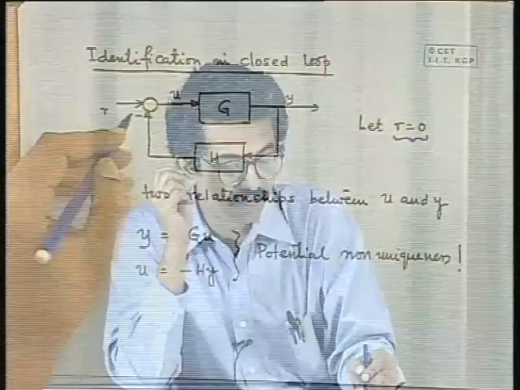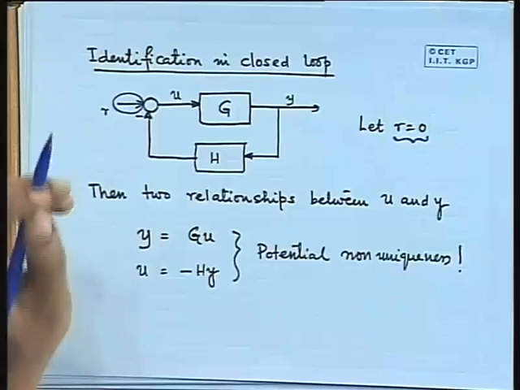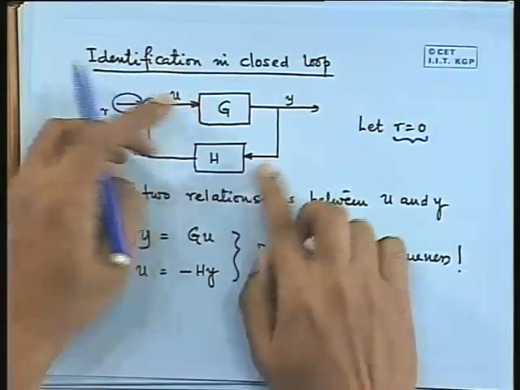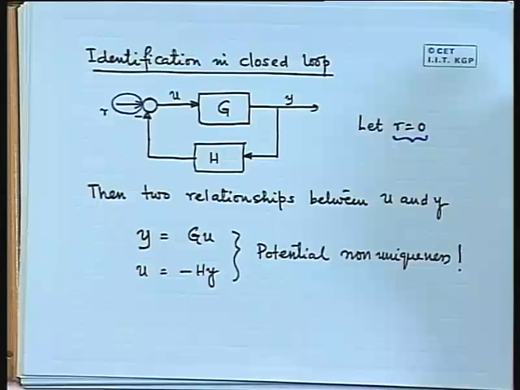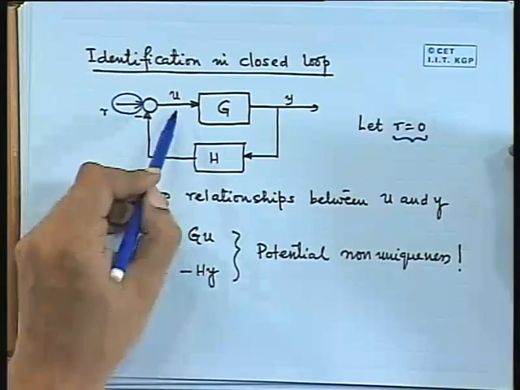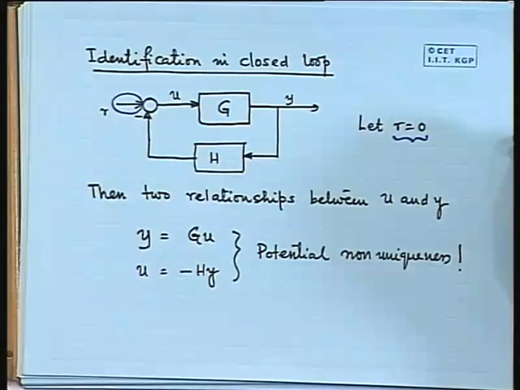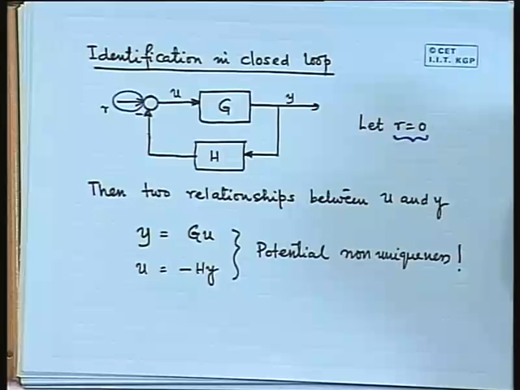But if R is equal to 0, then something very interesting happens. What is that? If you have this to be 0, then it turns out that between U and Y there exist actually two relations. Both of them are correct. Y is equal to GU and U is equal to HY.